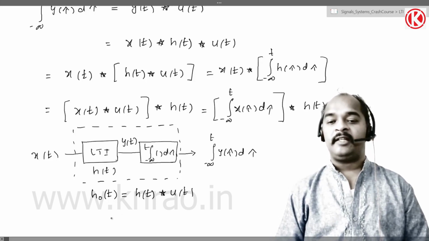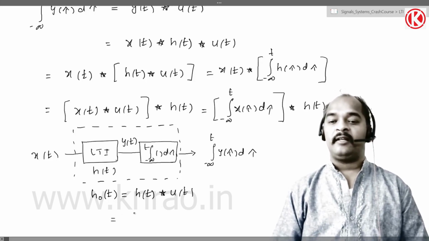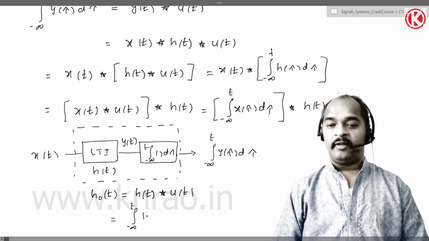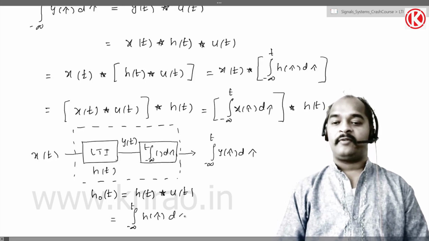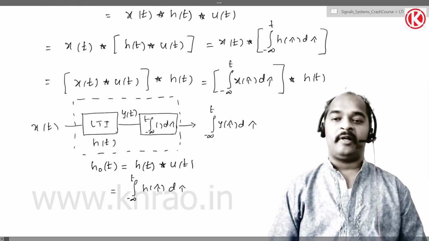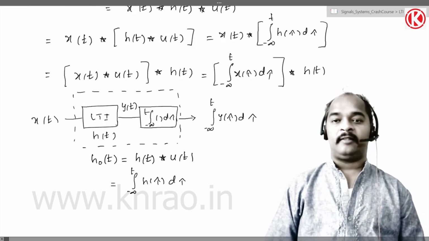But we just saw that the convolution of any signal with u of t is the integral of that signal, so you get the integral from minus infinity to t of h of tau d tau. In that way, we define the integration property of LTI systems.